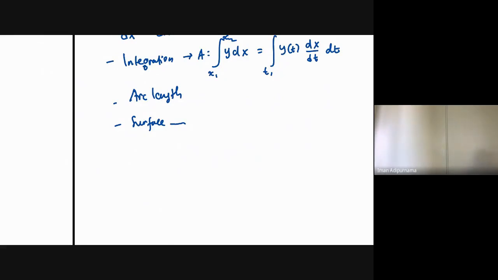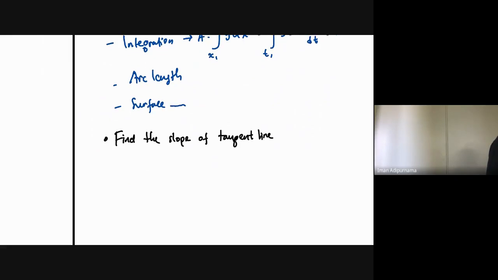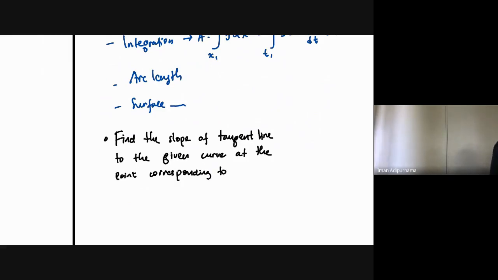Maybe the first problem is: find the slope of the tangent line to the given curve at the point corresponding to the specified value of the parameter.